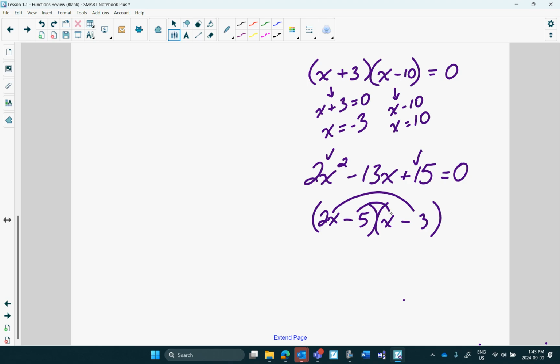Outside, inside, like a rainbow. Negative 6x, negative 5x makes negative 11x. No. So you guys were right the first time. I should have put the 3 first and the 5 next. That will work.